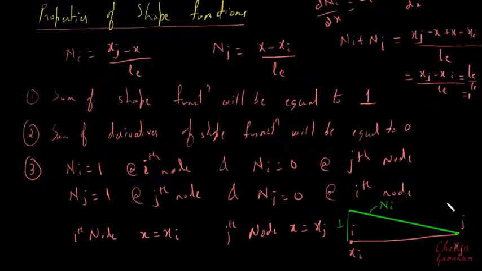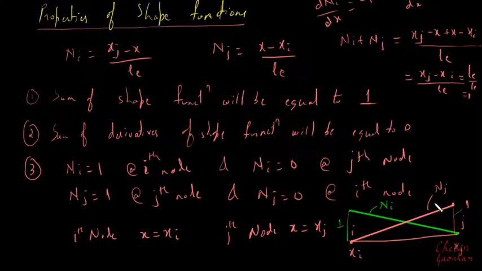Similarly Nj will be 1 at x equal to xj, or at the jth node. So here Nj will be equal to 1 and here it will be 0. If I just draw it with a straight line, it will be somewhat like this, and this will be our Nj, and this value will again be 1.